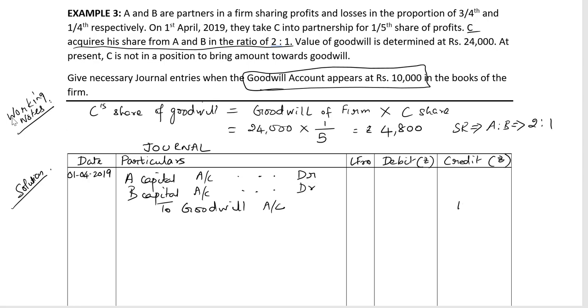Amount of existing goodwill is rupees 10,000 and 10,000 to be written off in OPSR, which is 3:1. It's 7,500 against A and 2,500 rupees against B. Narration being existing goodwill written off.